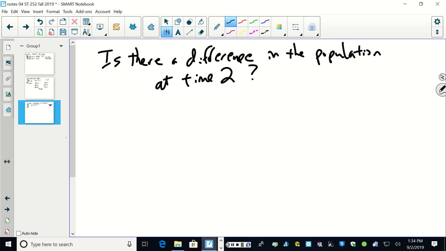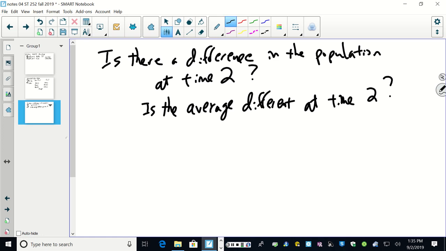Is the average different at time 2? The average can be represented by the Greek letter mu for an average difference between those two, and you might put a D on it, mu sub d, to indicate differences. Many of the generic symbols, I like to put a little subscript, which makes it more meaningful as to what it is.